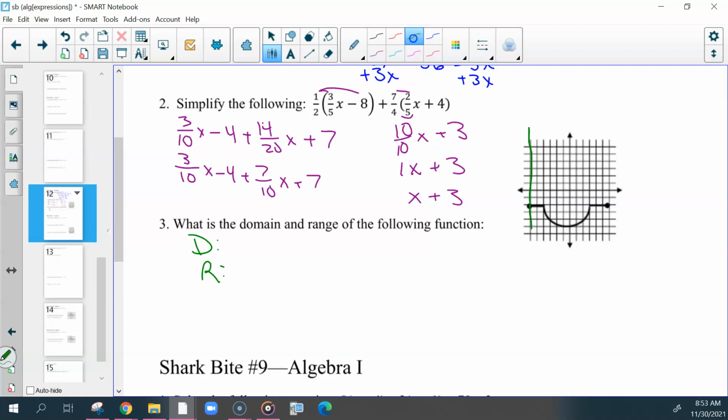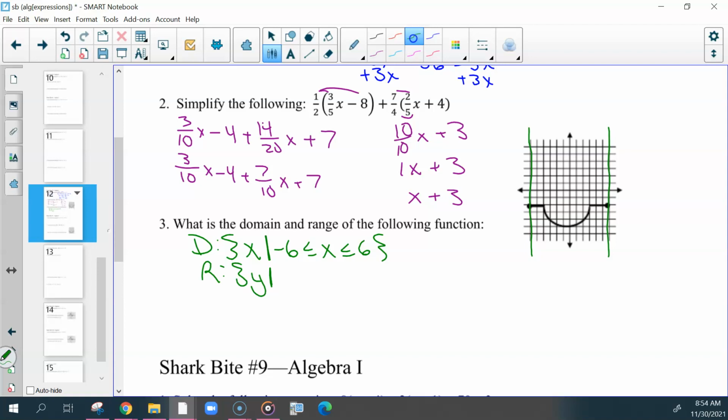And then the furthest point to the right? Positive 6. So that would be curly bracket, your x, your line, negative 6 less than or equal to x, less than or equal to 6. And then for your range, it's going to start off the same way, but with y.